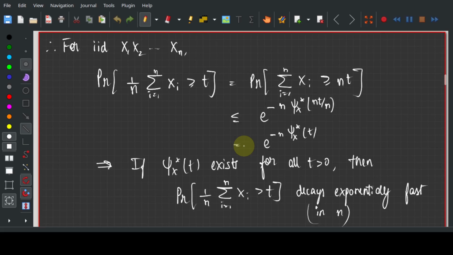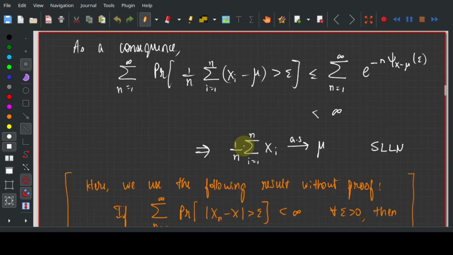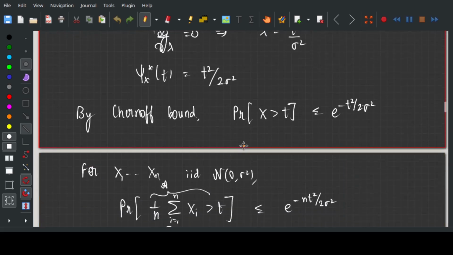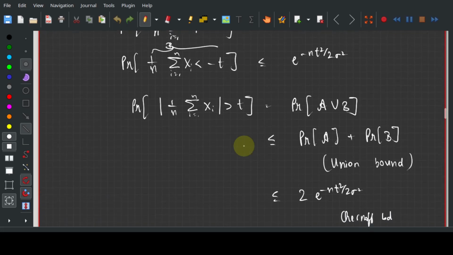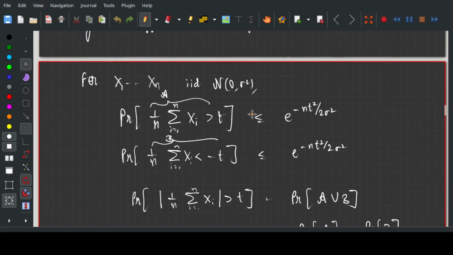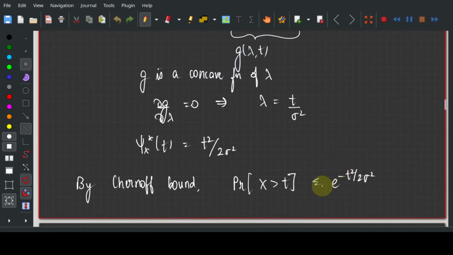So in the case of the Gaussian random variable, we saw that the probability that x is greater than or equal to t is less than or equal to e to the negative t square by 2 sigma square, right? So the tail bound takes the form e to the negative t square times some particular constant, correct?